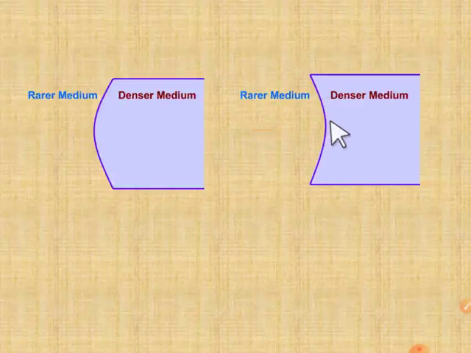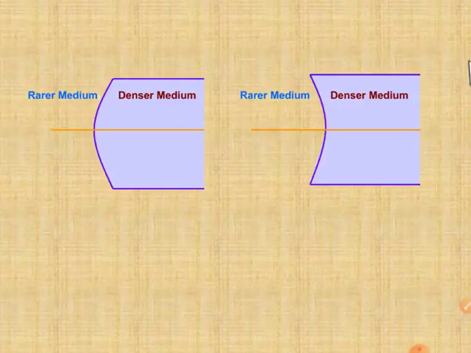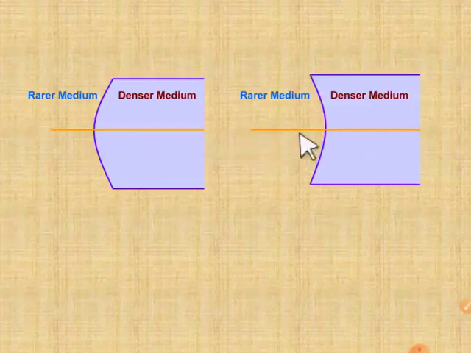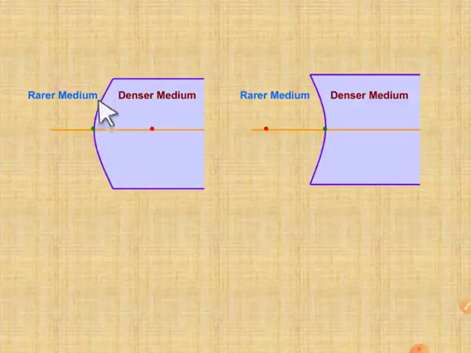Now let's see the different points to be noted, and you can take this line as the principal axis of this spherical refracting surface. Let's name the different points like this. This green point is the pole of this concave refracting surface.